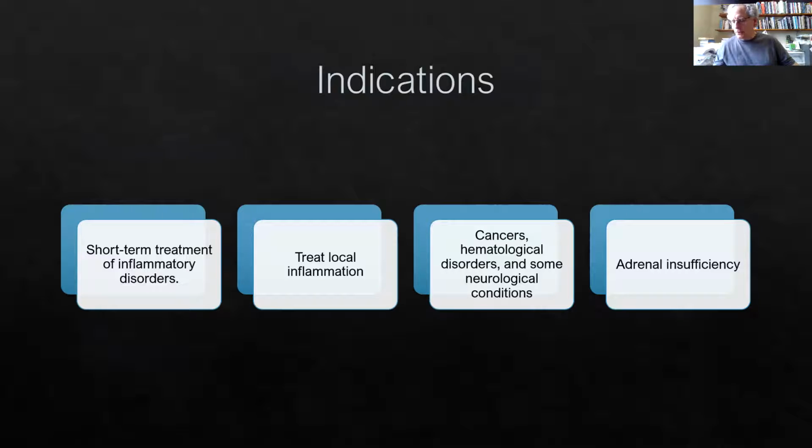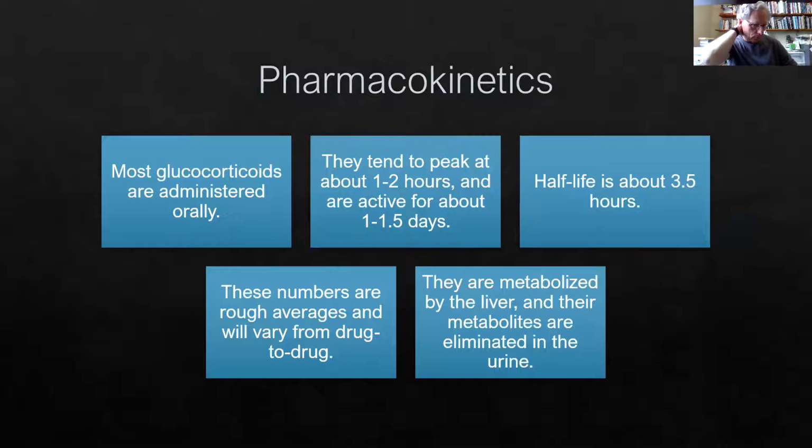They're also used in cancer patients to decrease the wasting and pain that comes from cancer. And they're also used for adrenal insufficiency. Most of these are administered orally. They do come in foams and inhaled forms. There are IV forms.